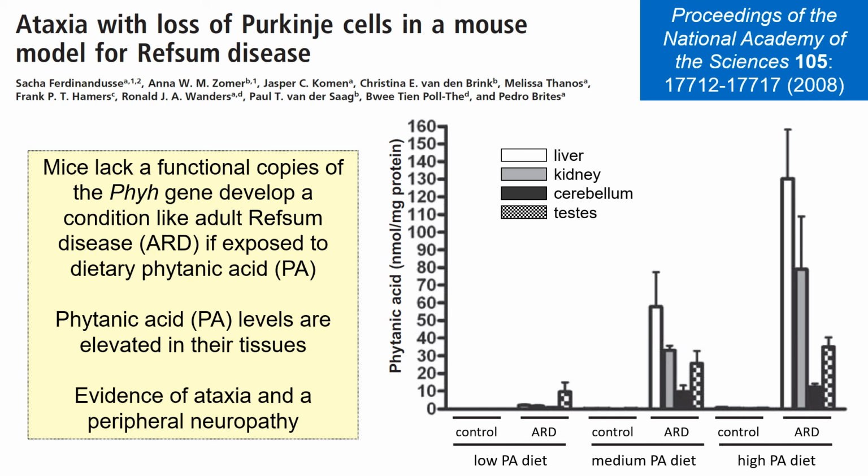So the animals with adult Refsum disease that are on medium and high phytanic acid diets have elevated levels of phytanic acid in these various organs. All right, so just like you would expect from a human being. And in fact, there is evidence of ataxia and a peripheral neuropathy in these animals as well.